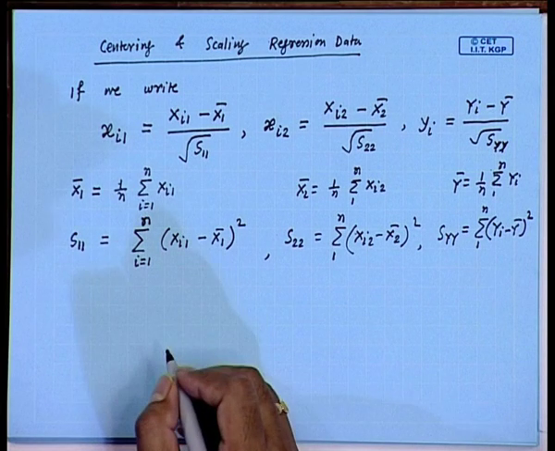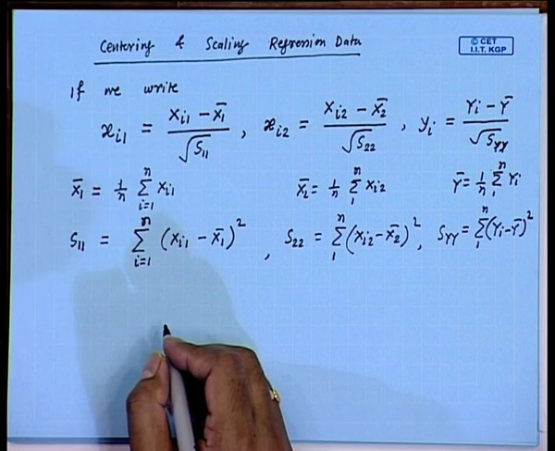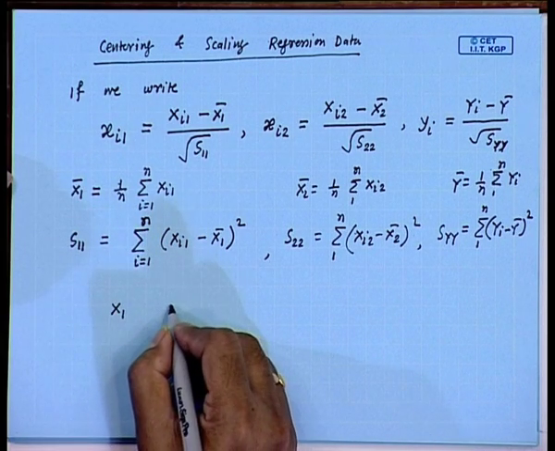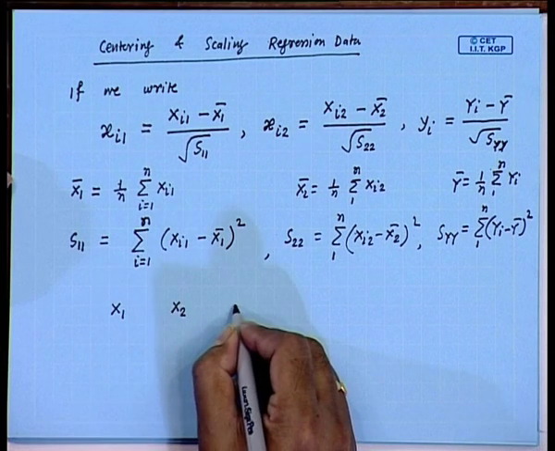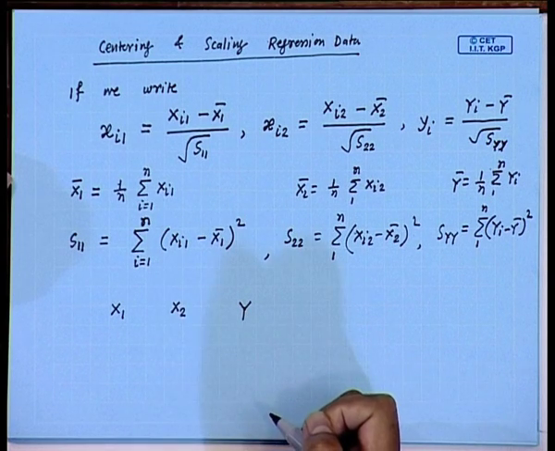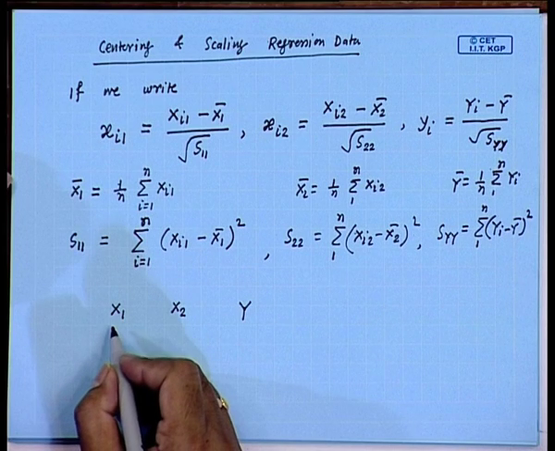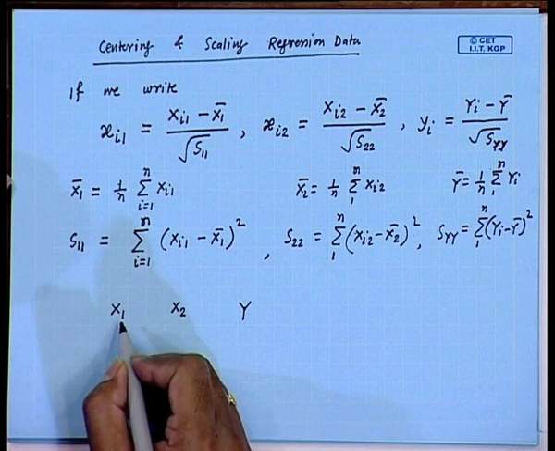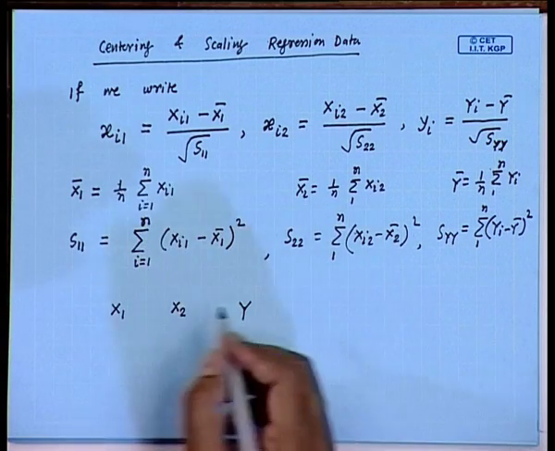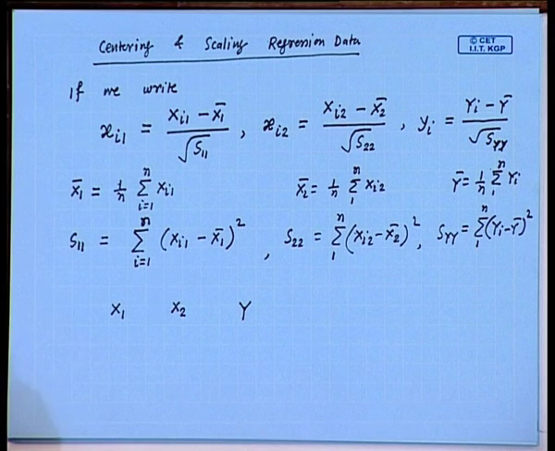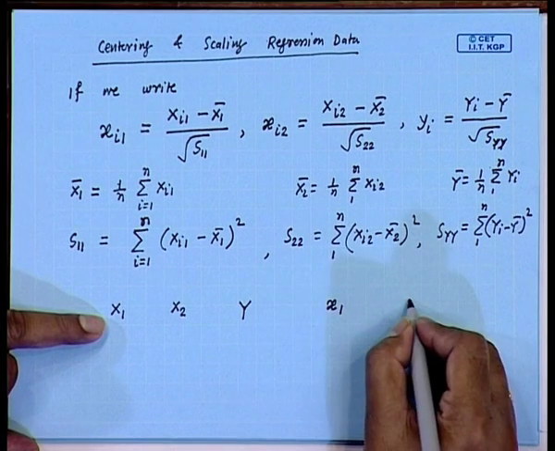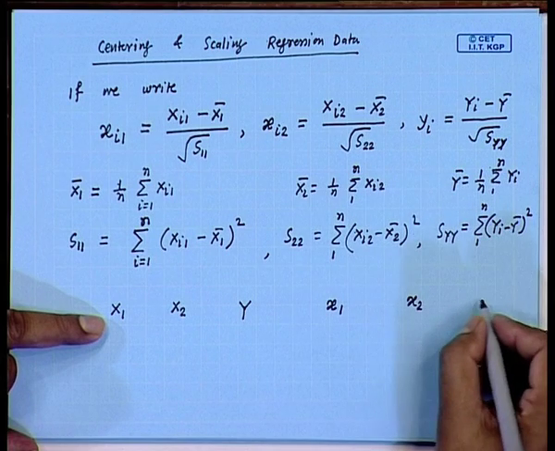Okay. So, what I did here is that my original data is x1, x2 and y, and then I am replacing x1 by small x1, small x2, just notation only, and then small y.